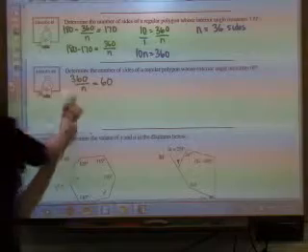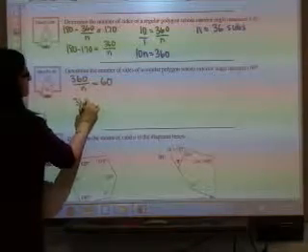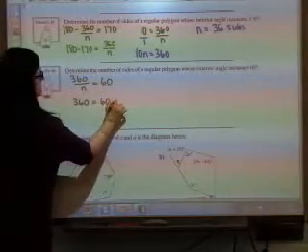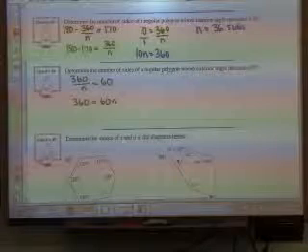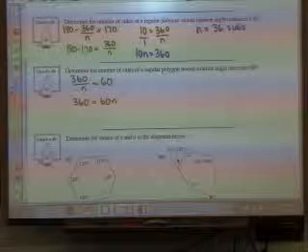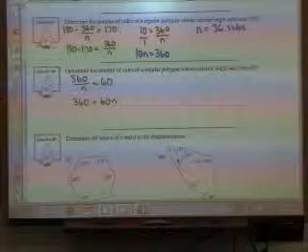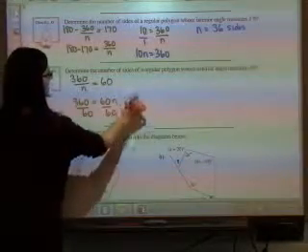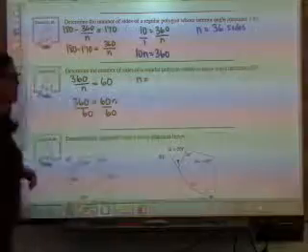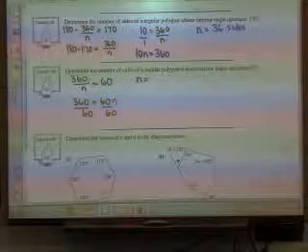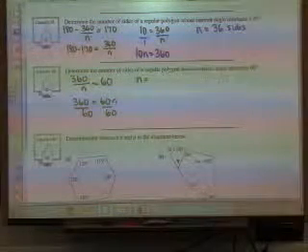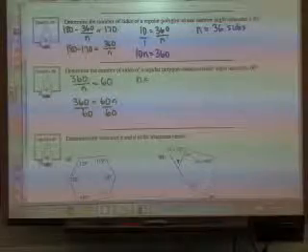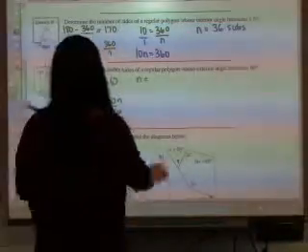If I multiply both sides by n, I bring the n from the bottom on one side to the top on the other side. And then I can divide both sides by 60. And what is 360 divided by 60? 6. So I get 6 sides.